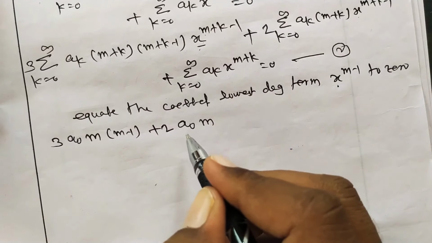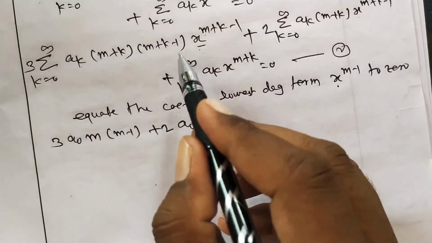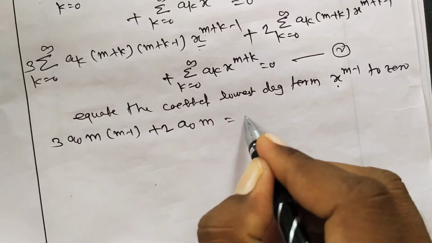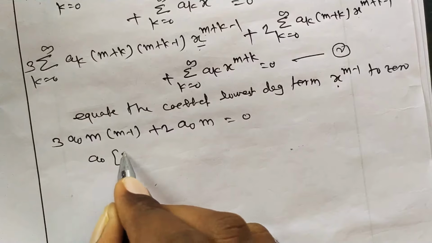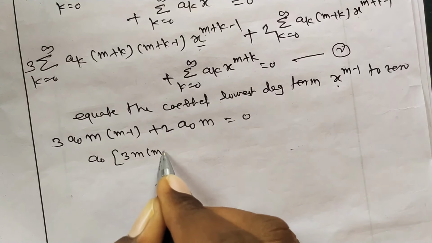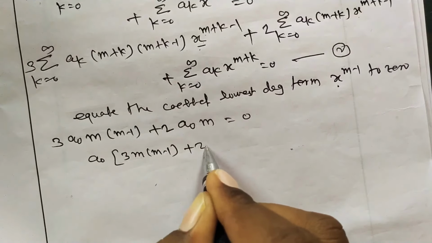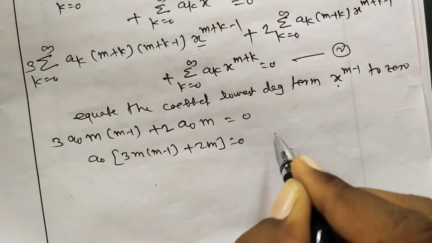So the coefficient of x raised to m minus 1 comes only from the first two series. Equate this with 0. Now if we take a0 common here, then we get 3m into m minus 1 plus 2m equal to 0.